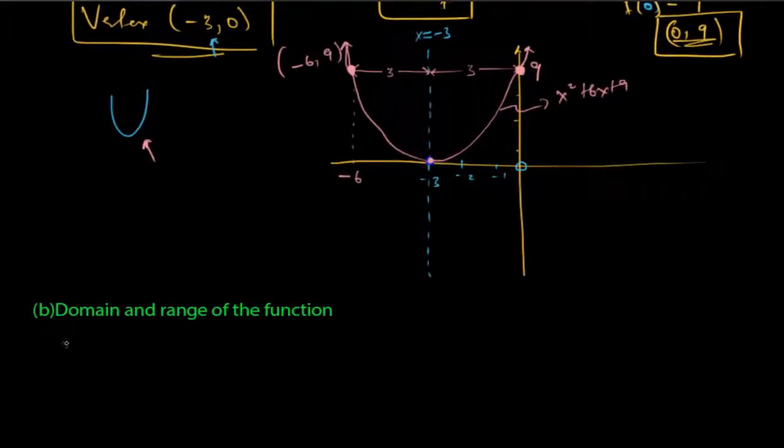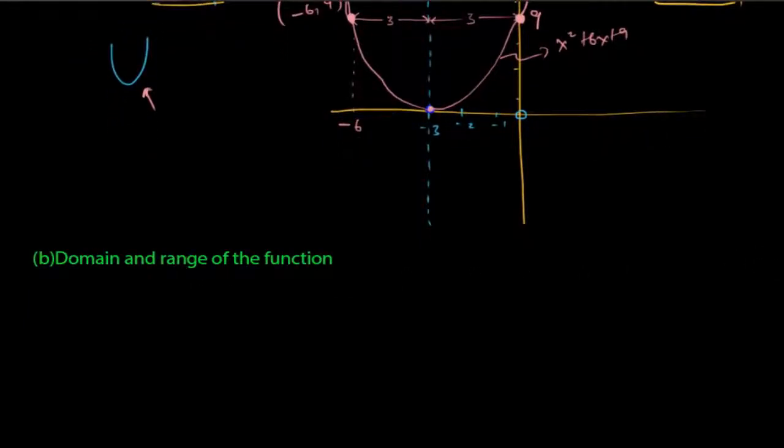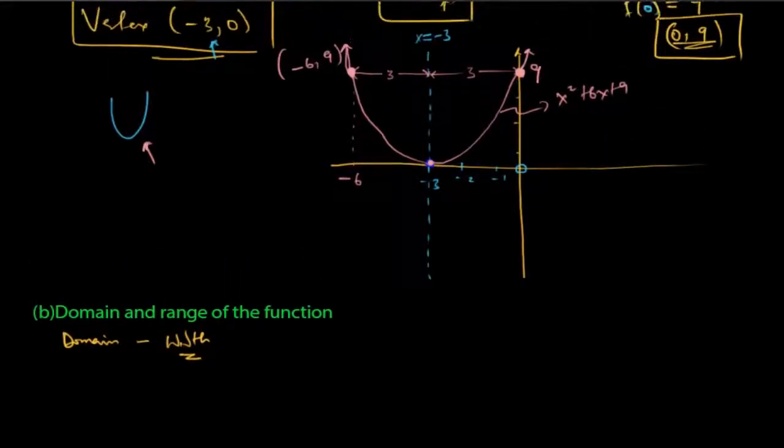So let's go ahead and find the domain and the range of the function. You will recall that the domain of a function is the width. It's the same thing as the width of the function, that is, how wide the function is.